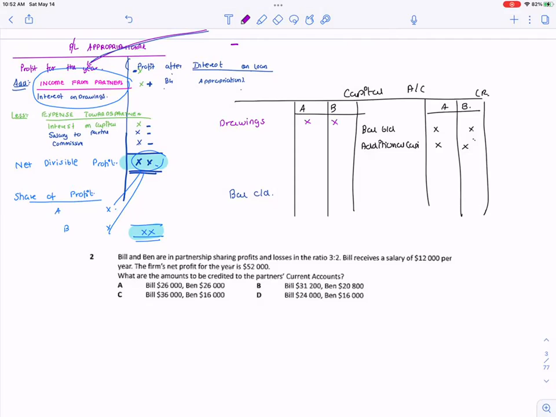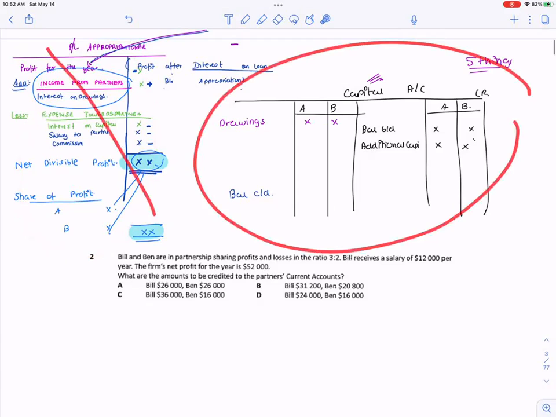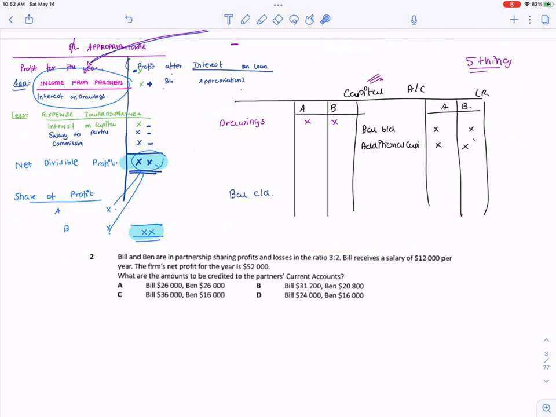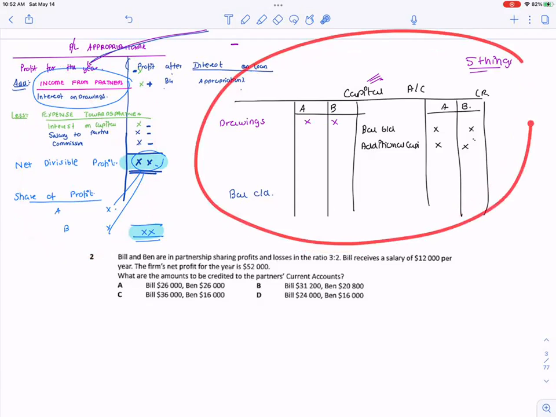Drawings. And there is one more thing which comes in the capital account but does not come in the appropriation account. So there are basically 5 things that come in the capital account but do not come here.